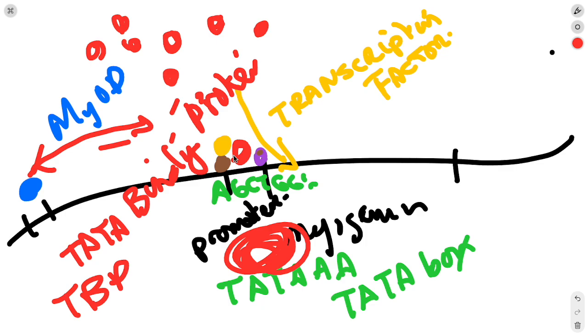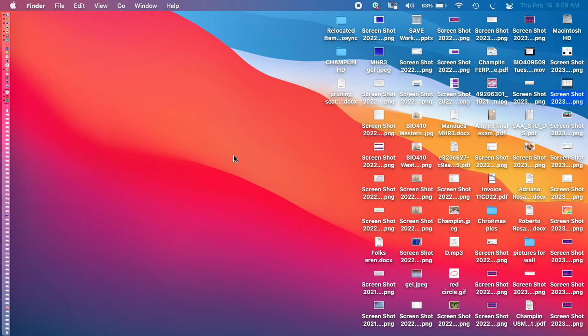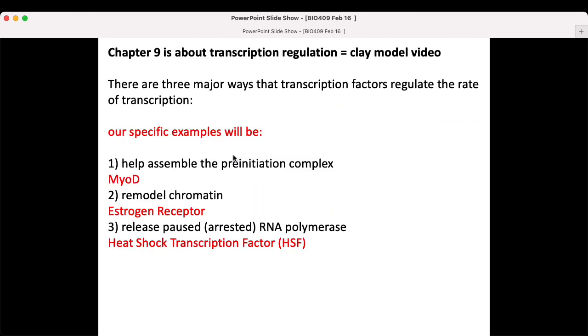Yeah. So this is our example of a transcription factor that helps assemble the preinitiation complex. And specifically, it's helping with the TBP, TATA binding protein. Okay? Like that. That's it.